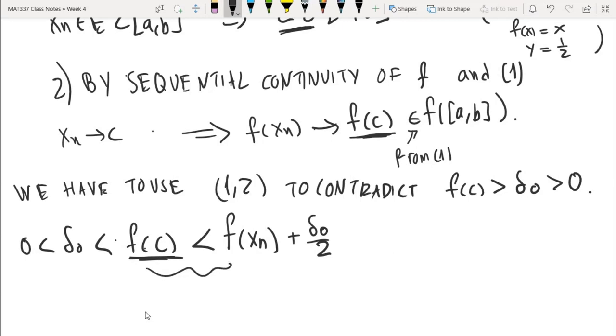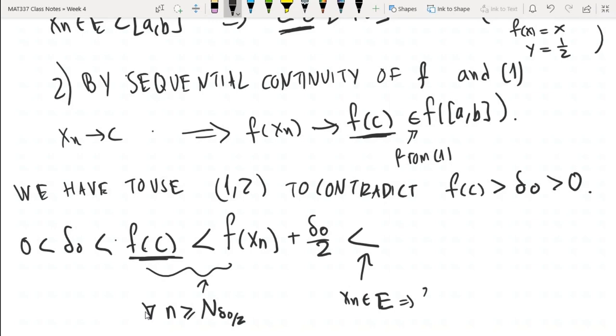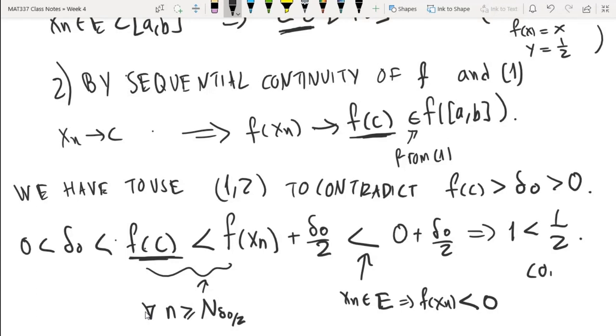For all n bigger than N of delta naught over 2, use that x_n is in E, and so f of x_n is strictly less than 0. So then you get the contradiction, 1 is less than a half.